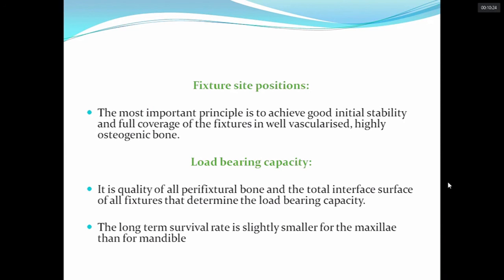Avascular bone: we have discussed contraindications like radiation therapy. Radiation therapy can affect the blood vessels around the bone.